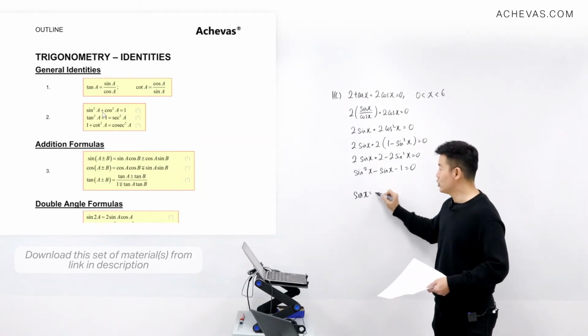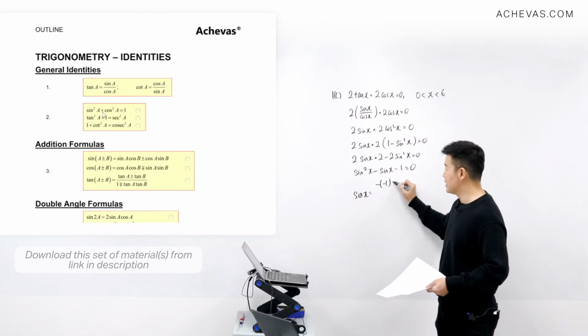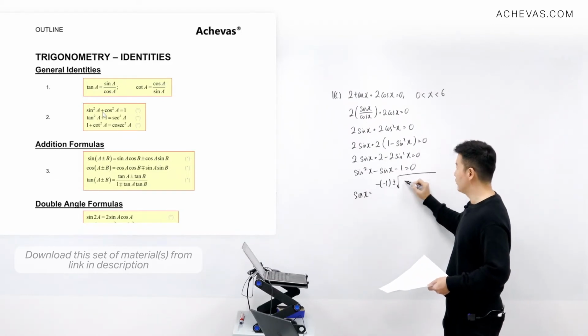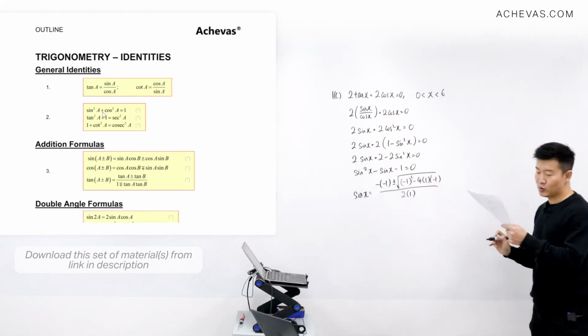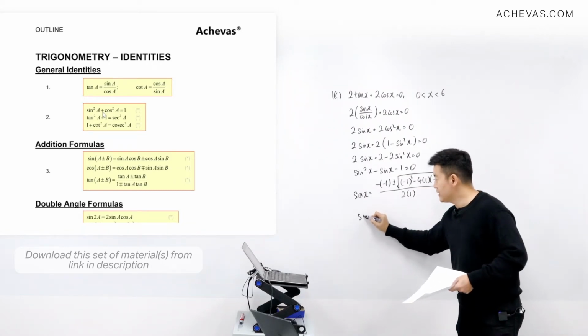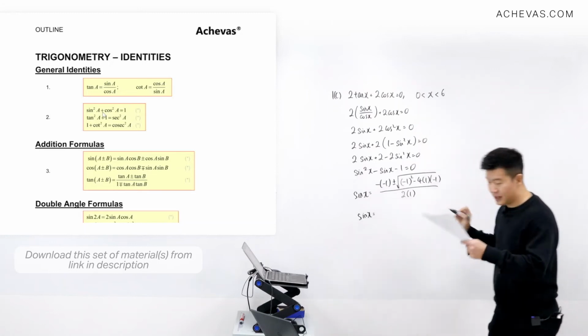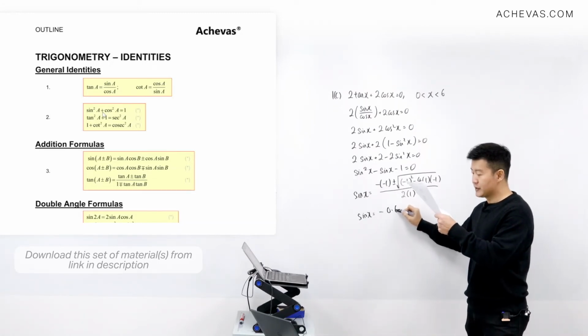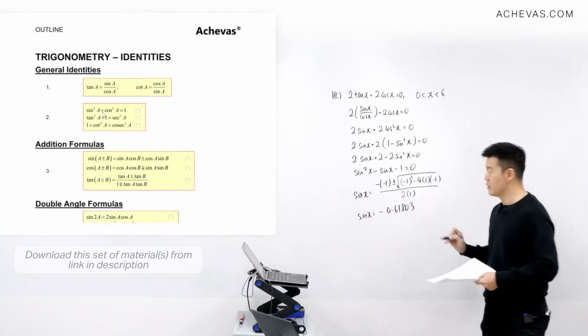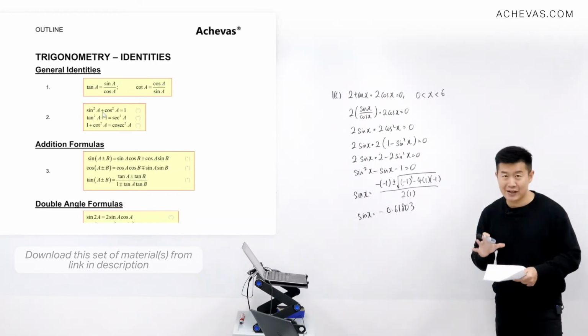So sine x is going to be equal to minus b plus or minus square root of b squared minus 4ac divided by 2a. So sine x is equal to this, and if I were to just evaluate this, pressing into the calculator, I will be getting a negative 0.61803. So sine x is a negative number.